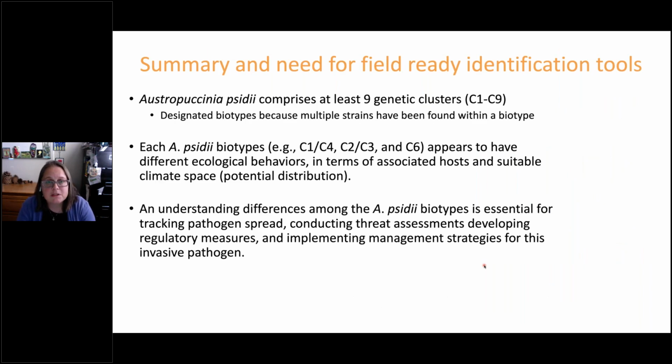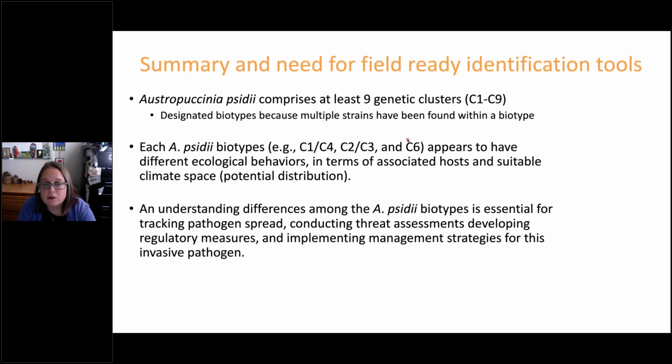So basically from the work that we've done so far, we've found that at least 9 different genetic clusters have been identified. We do see that there are 3 different biotypes: the pandemic, the eucalypt rose apple, and the guava. Based on the research that we and others have done, there are differences in host range and differences in suitable climate space.